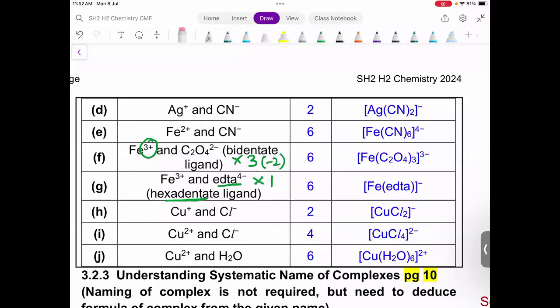Yeah, and also except for Al3 plus and In2. If you can remember, you remember.